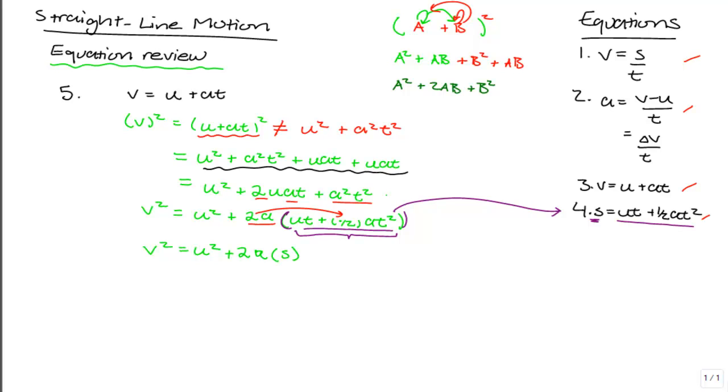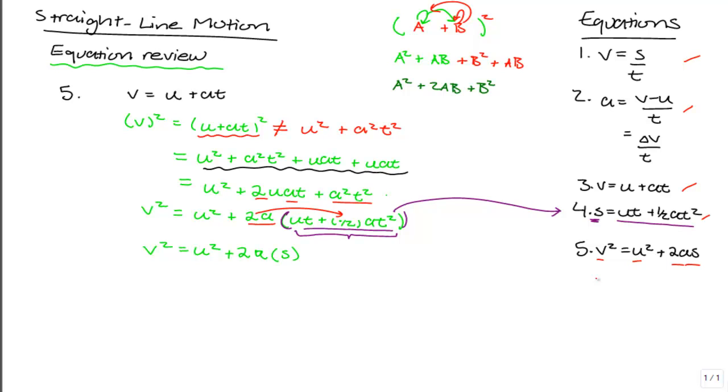So equation 5, v squared equals u squared plus 2as. Right, and what this equation allows you to do is to find the final velocity of an object once you know the initial velocity, the acceleration, and the displacement that this acceleration took place over, right?